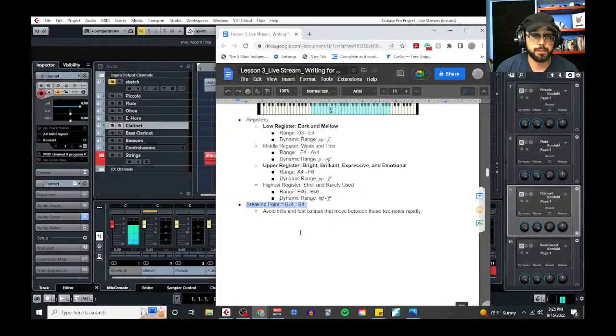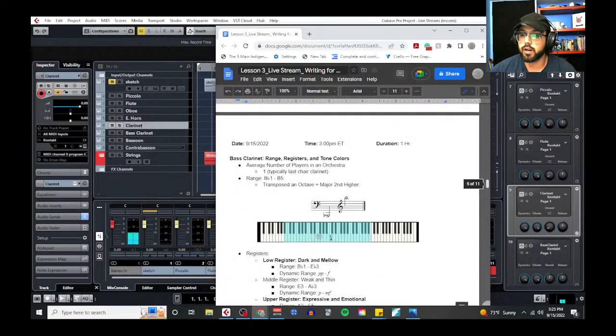So, professional players can move through there in a scale or something just fine, but you really want to avoid fast, repetitive movement through here because it very quickly becomes unwieldy, very clumsy, and it won't sound the way you want it to sound. So that's just a little something to be aware of.